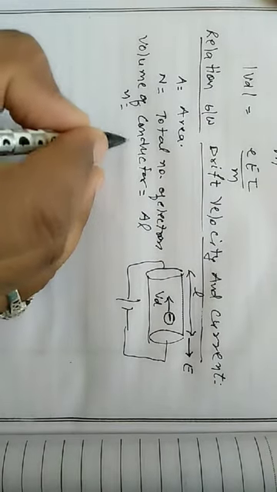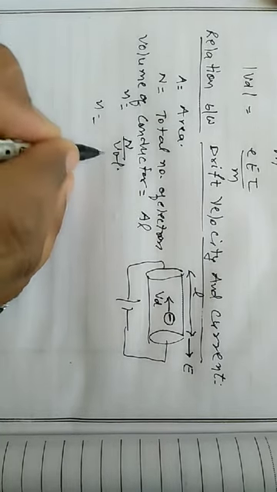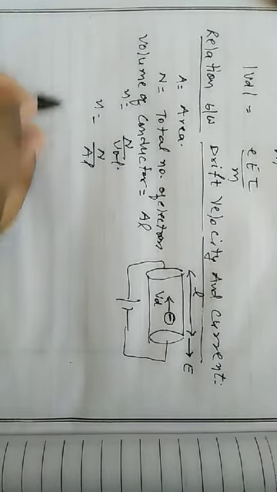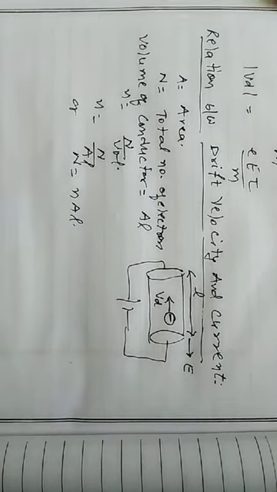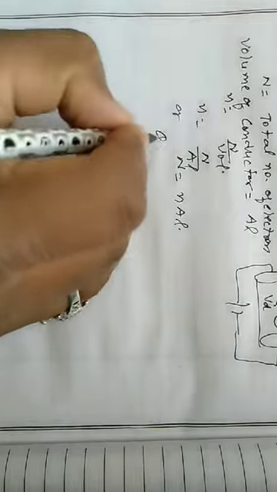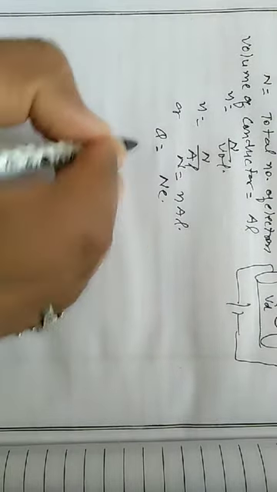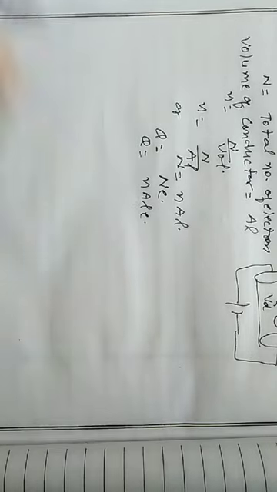Small n is total number divided by volume, small n is capital N upon AL, or we can write capital N is equal to nAL. Now we know Q is equal to capital N into e. Value of capital N is nAL into e.